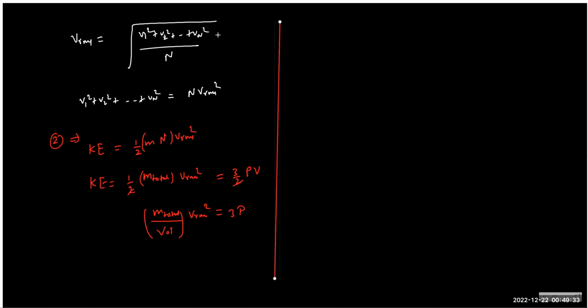And total mass upon total volume is called what? Density. So given the density of a gaseous molecule, can you find the RMS velocity? Yes. The answer is under root 3P by rho.